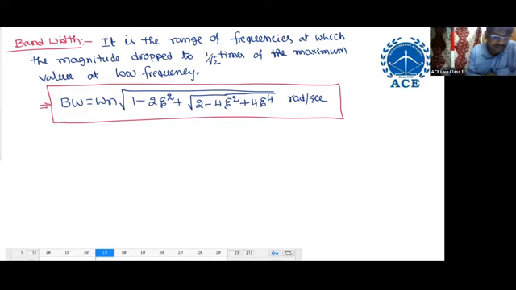Right, next. Anywhere they ask for the DC gain, generally that is a stable system; otherwise, they don't ask for the DC gain. Right, next one.